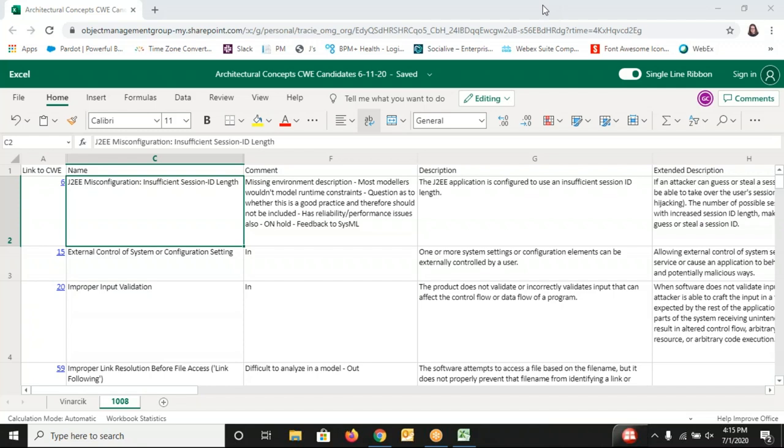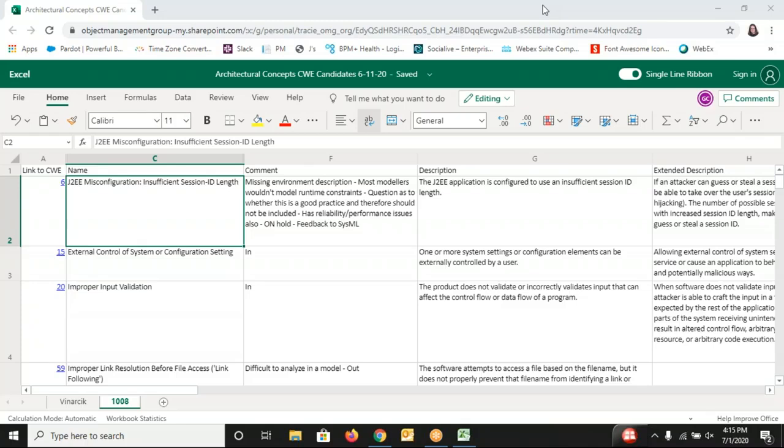I don't think we can test for that in the model, but maybe we can if we have the right kind of extensions. It's almost like there have to be some additional metamodel extensions to SysML 2.0 that we're going to have to think about here. Now, Bob, I don't know if you agree with anything I said.